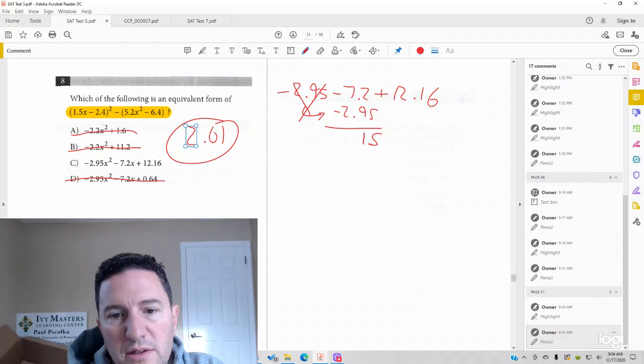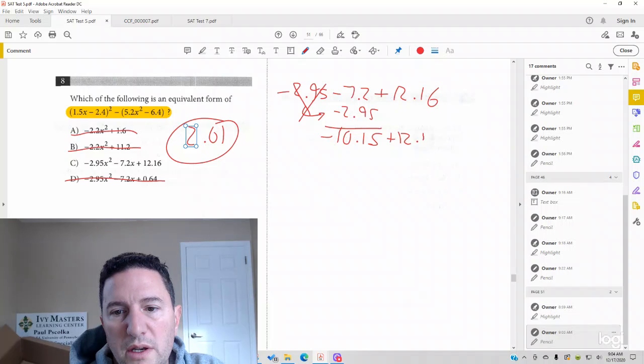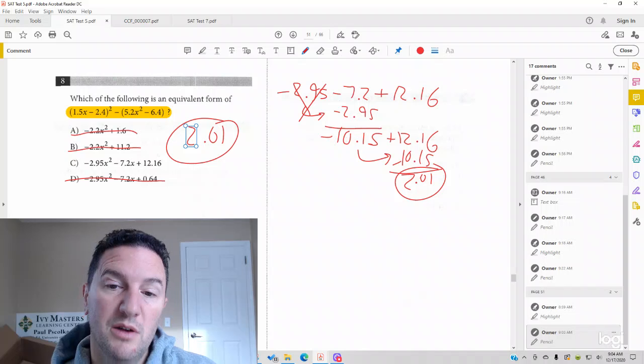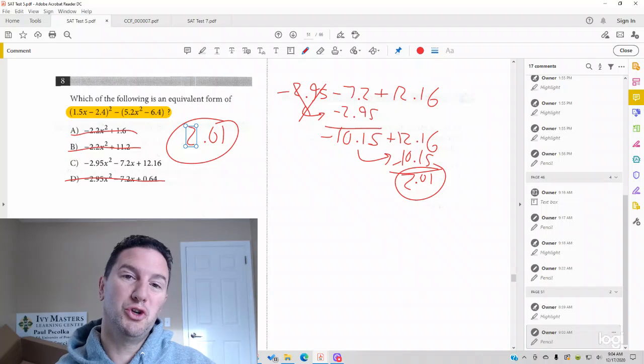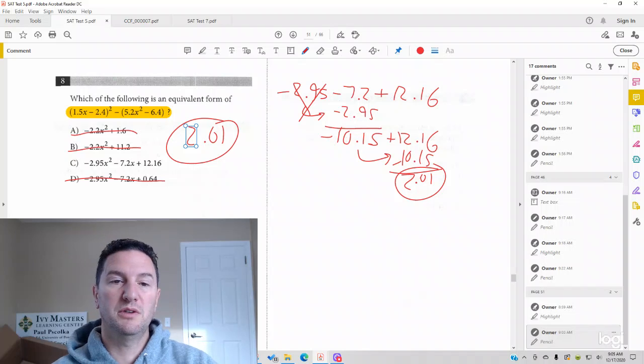That's what I meant to say. It winds up being negative 10.15 plus 12.16, and if I subtract 10.15, I wind up with that 2.01. Okay, again, not the best way to do this question, but you should know that approach for any time your algebra falls short or you're not sure what to do.